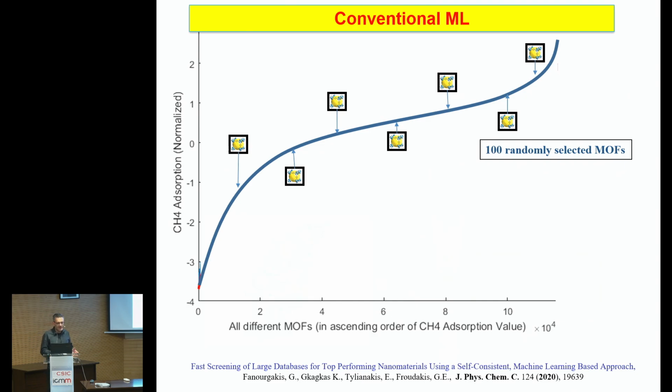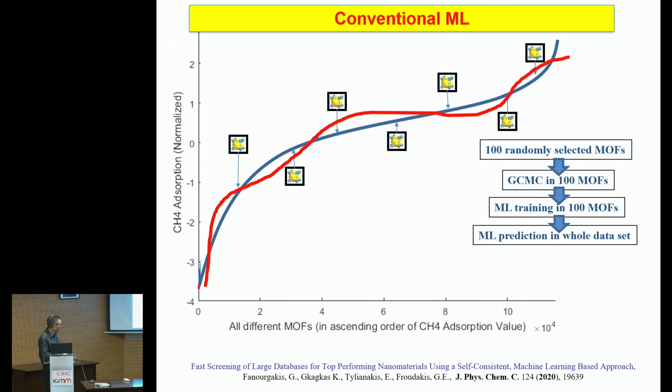How is this working? Let's suppose that we have here some hundreds of thousands of MOFs and methane absorption, and this is the correct value of the MOFs and of methane absorption. How does machine learning work the traditional way?